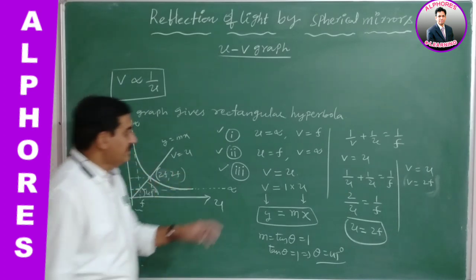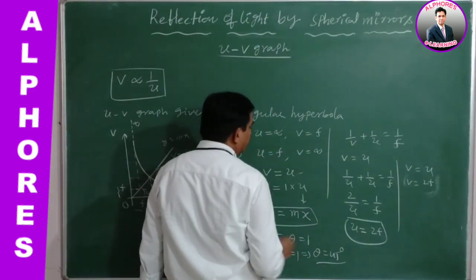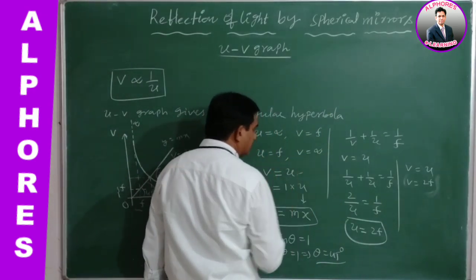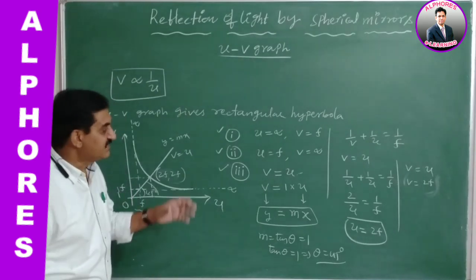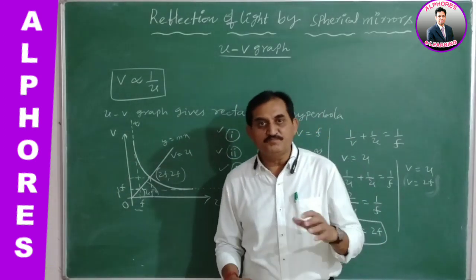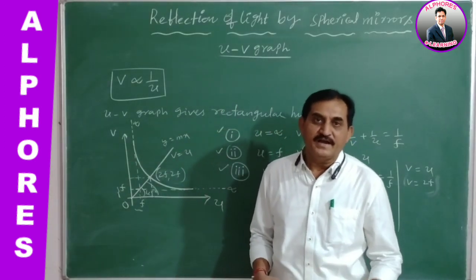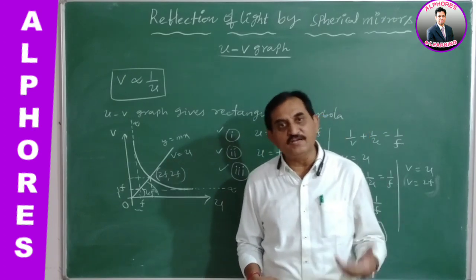So whenever v is equal to u, this is possible where? This is possible when the object is at the center of curvature of the concave mirror, and its corresponding image is also formed at the center of curvature. When object and image both are at the center of curvature, object distance and image distance both are equal.